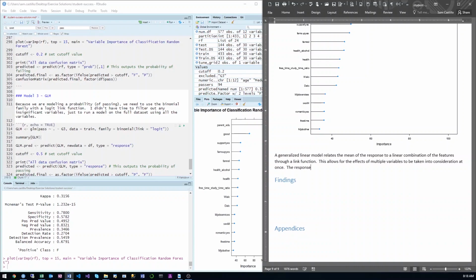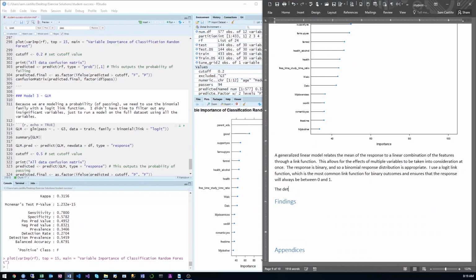The response is binary, and so a binomial response distribution is appropriate. I use a logit link function, which is the most common link function for binary outcomes and ensures that the response will always be between 0 and 1.